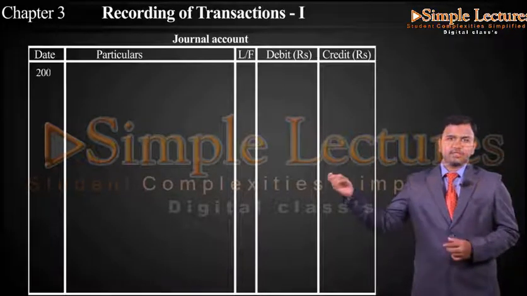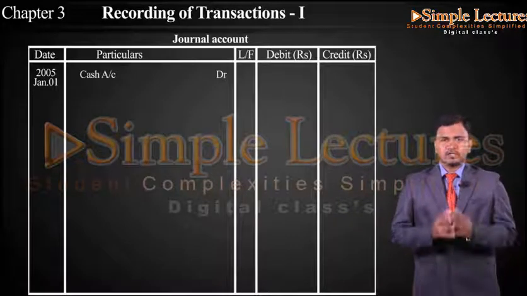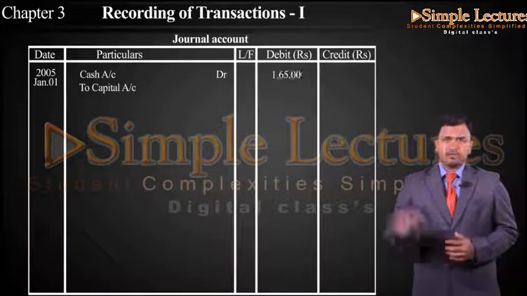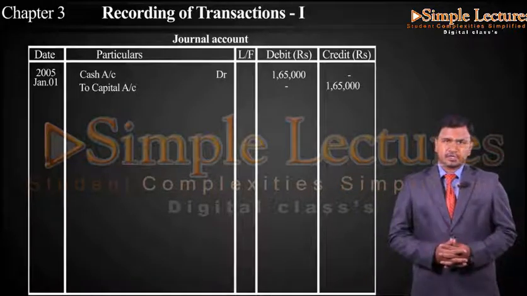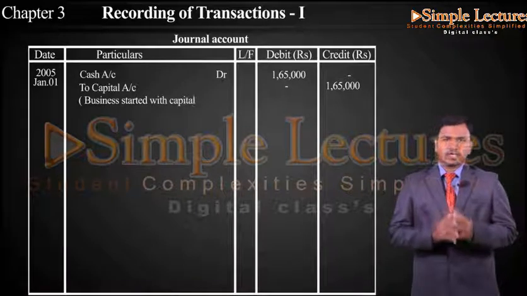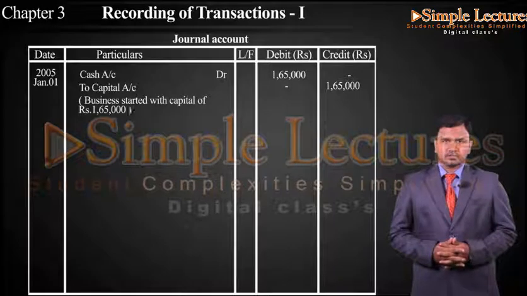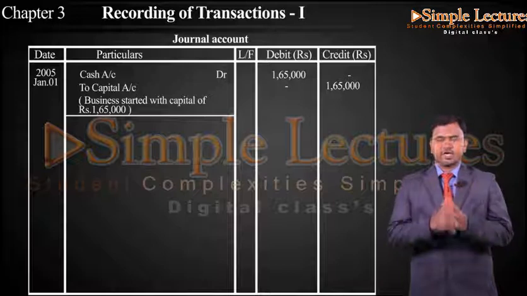The date will be Jan 1st and the entry will be cash account debtor to capital account, 1,65,000 debit and 1,65,000 credit. Narration: being business started with a capital of rupees 1,65,000.